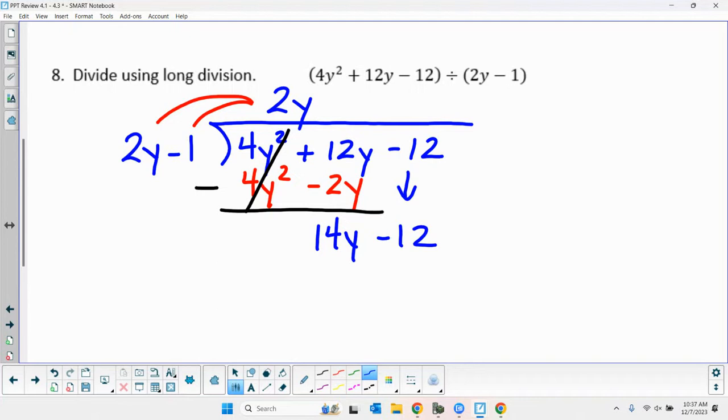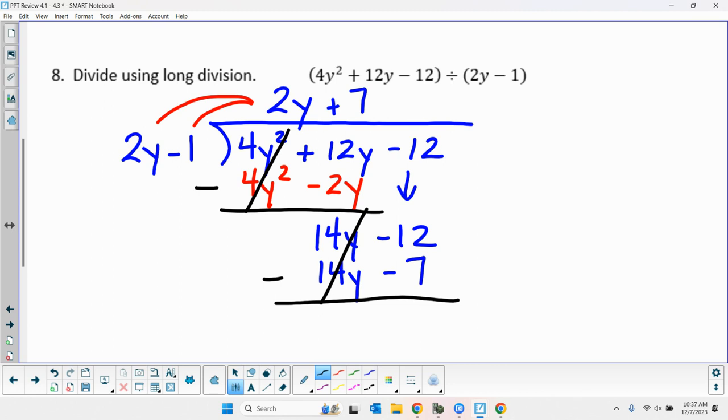What's 14y divided by 2y? Or ask yourself, what times 2y gives you 14y? 7. And that's a positive 14y, so it's positive 7. And then I multiply again: 7 times 2y and 7 times negative 1. Then I do that subtraction again.